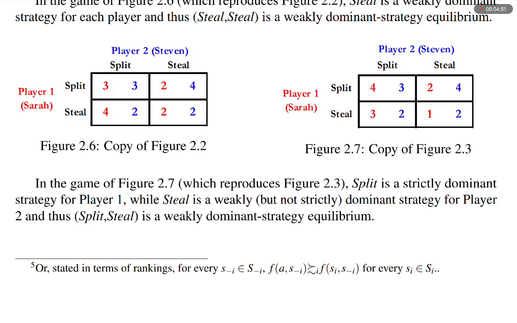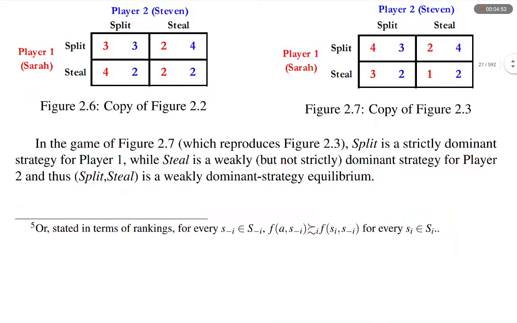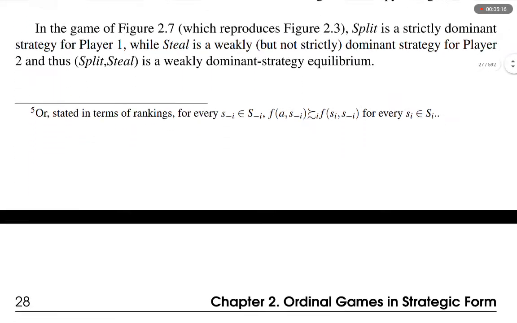In the game of figure 2.7, which reproduces figure 2.3, split is a strictly dominant strategy for player 1, while steal is a weakly but not strictly dominant strategy for player 2. And thus split-steal is a weakly dominant strategy equilibrium.